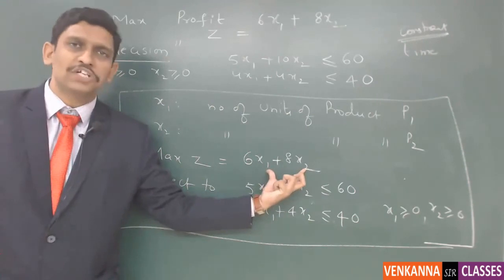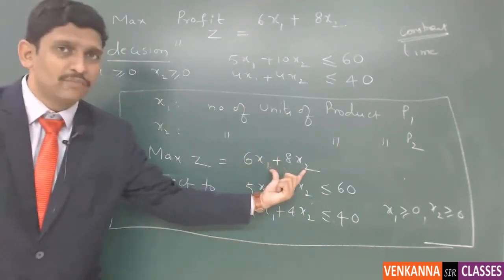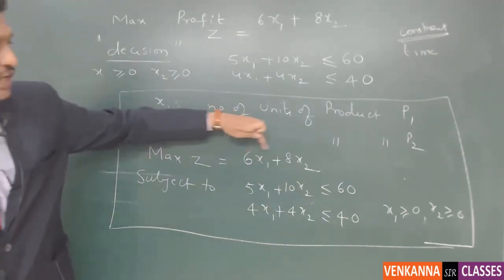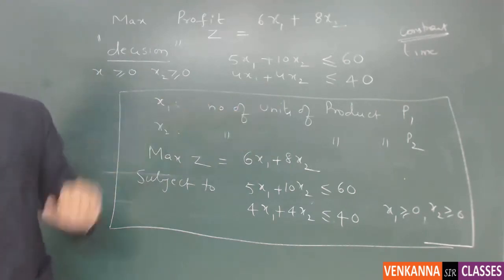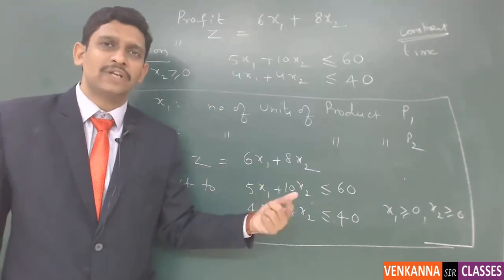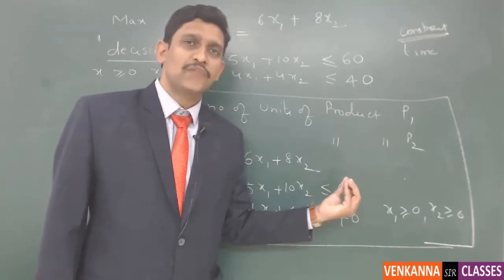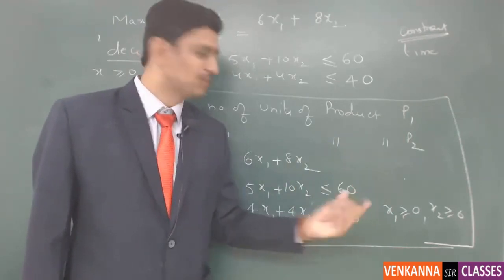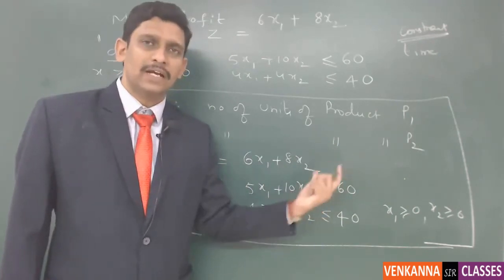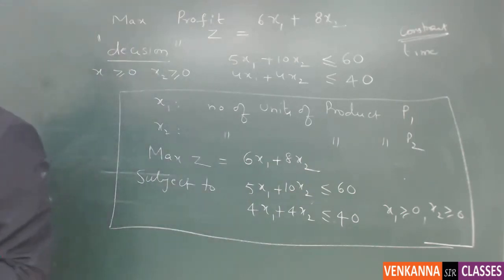In the objective function, we have the decision variables, and for the decision variables there are constraints. Every variable performs some activity, so it undergoes a process, so it has to satisfy some set of constraints. These constraints are extracted from the data with regard to the real life problem we have taken. Clear?